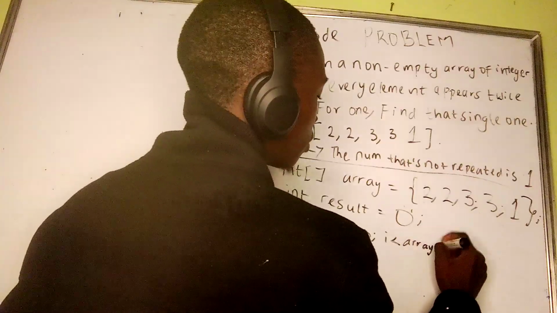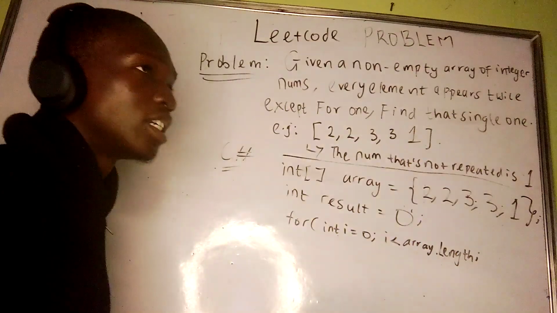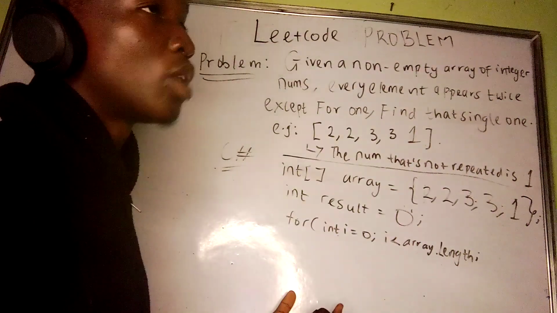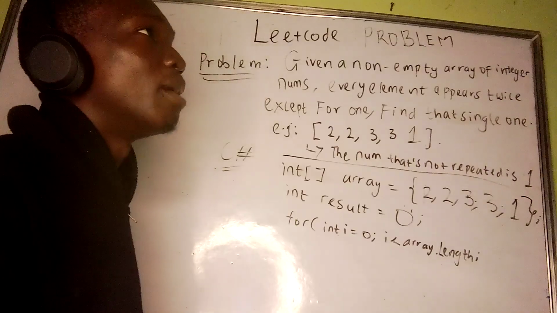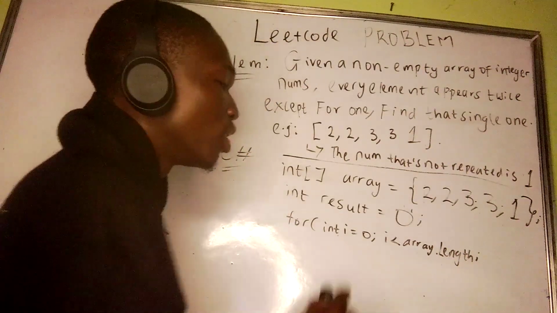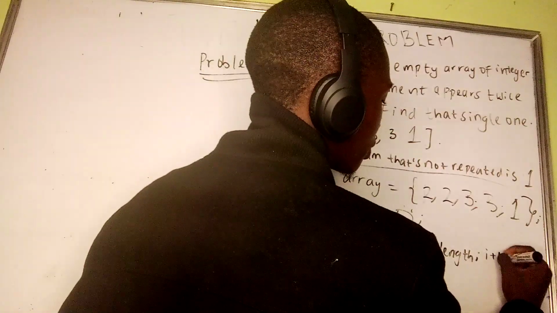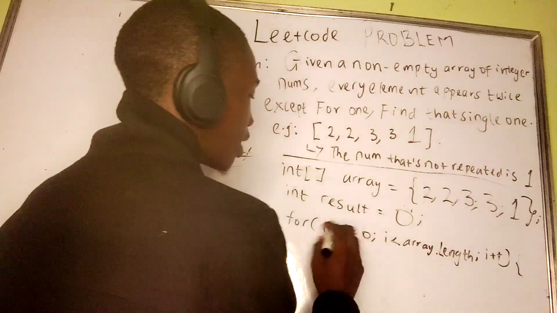There is a .length property in C#. If you are using Java or JavaScript, I think it is also .length, but for something like Python, I think it is len or something else. I'm not sure. So i plus plus, and then I open my curly brackets.